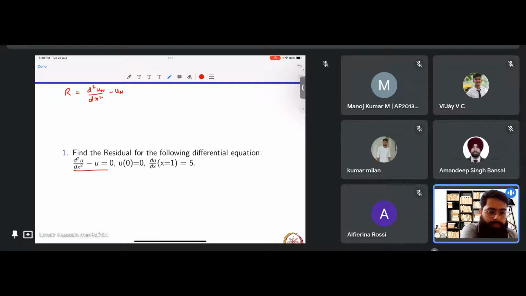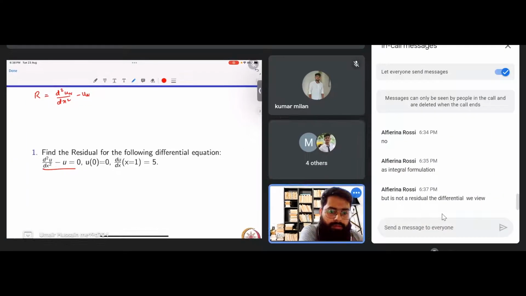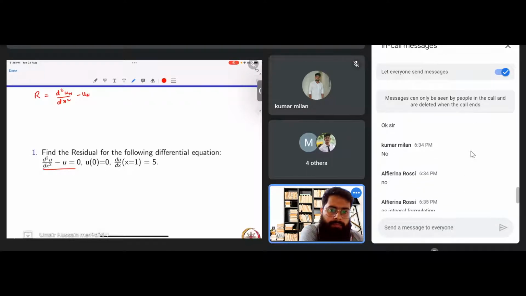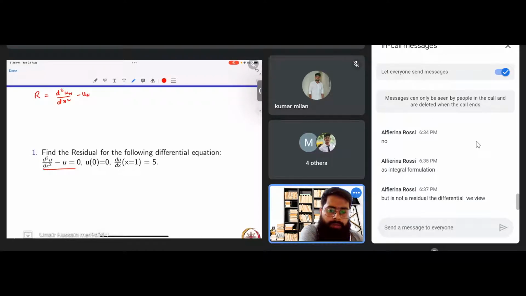Someone I think typed in the chat box. Not a residual, but is not the residual the differential we view?